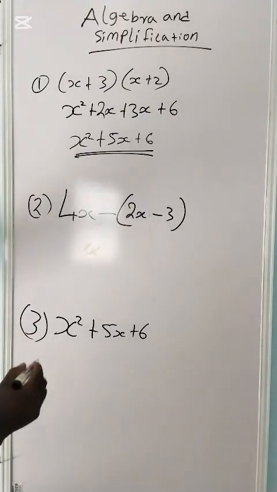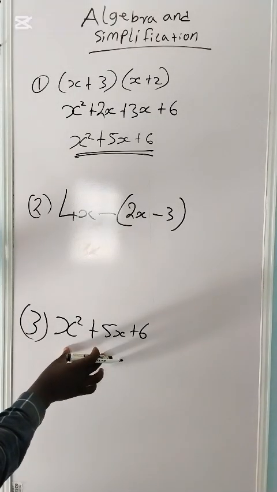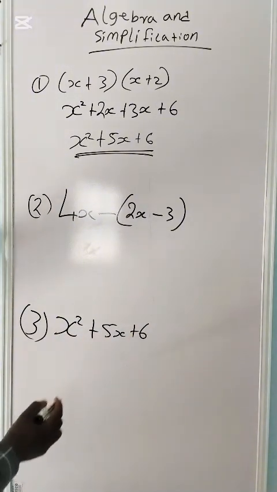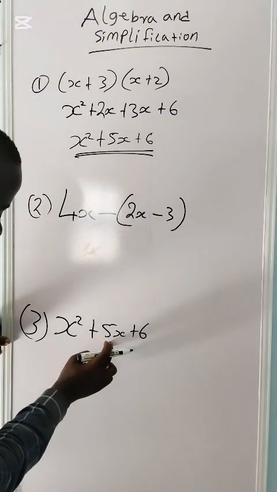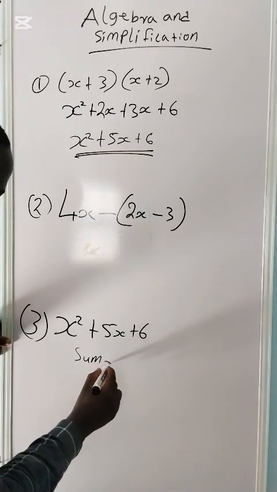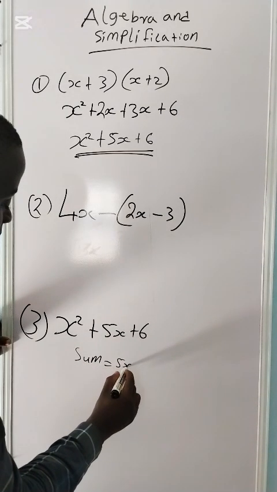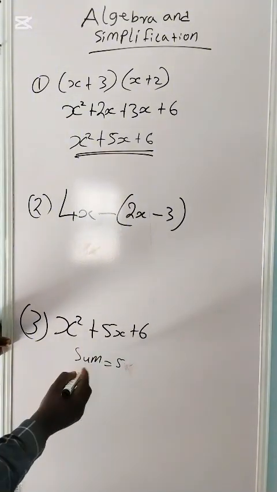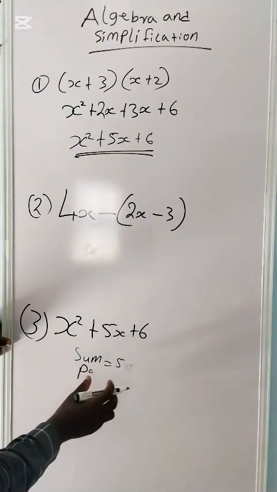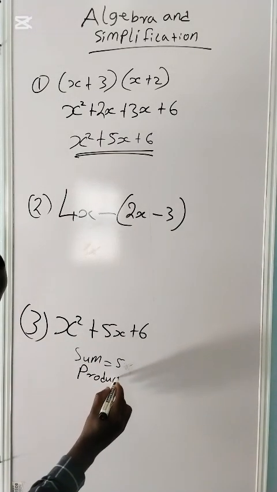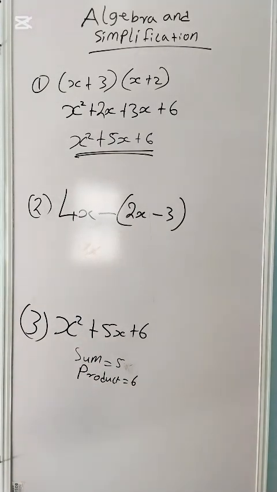Now you are going to say, okay, we have x squared plus 5x plus 6. Here is the sum, sorry, the sum is 5, but the product is 6.